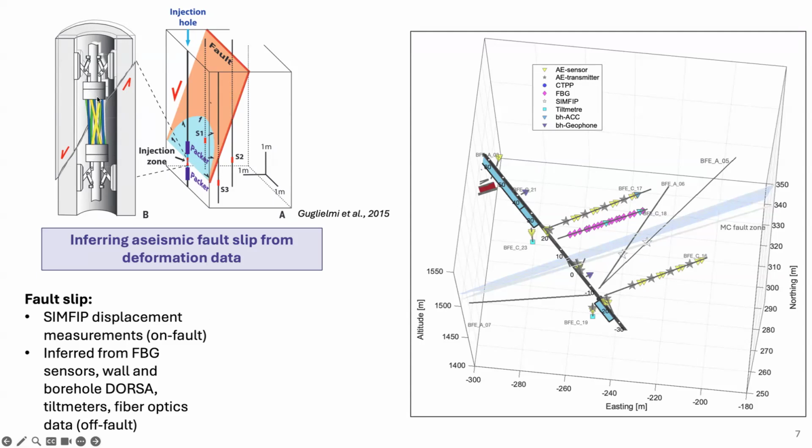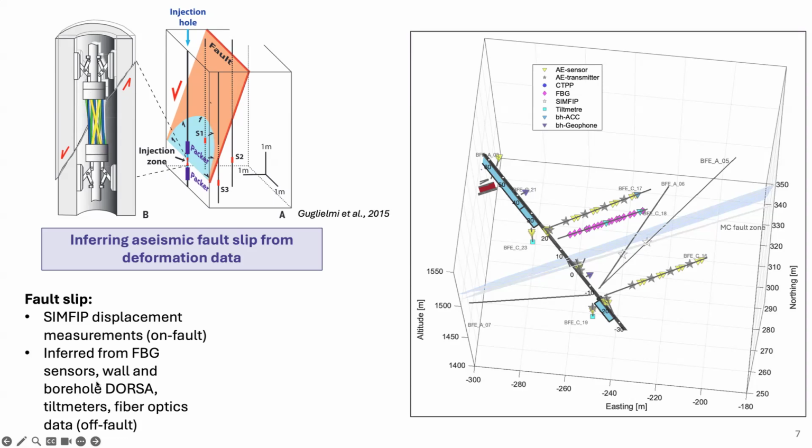Between them, we have several fiber optic cables with different orientations, and we measure strain with these fiber optic cables, which is then converted into 3D displacement. If we trigger and activate this fault, this displacement would correspond to the slip or the tensile component on the fault.